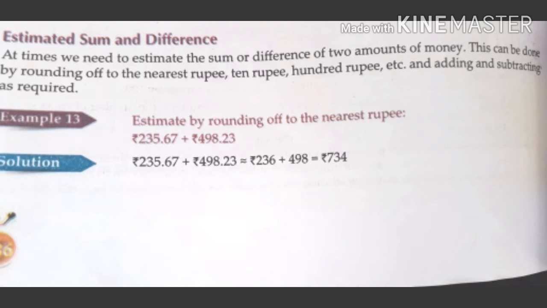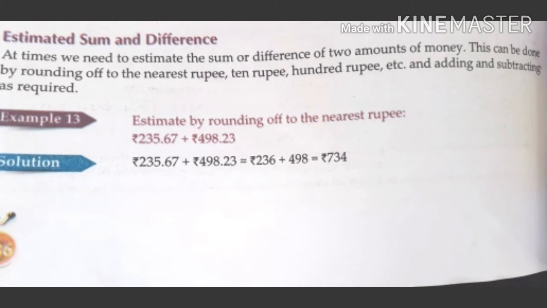In the exercise, examples 4 and 5 are on 10 rupees and 11 rupees; the first example is the nearest rupee, the second the nearest 10 rupees, and the third the nearest 100 rupees. Each has 4 examples. I will give the solutions of the first 2 examples, and the remaining 2 you have to do on your own.